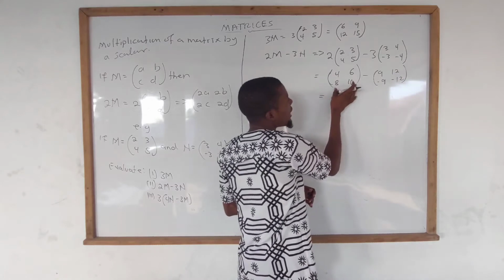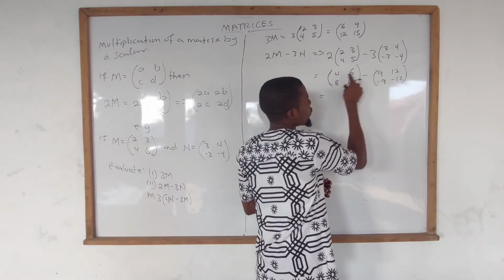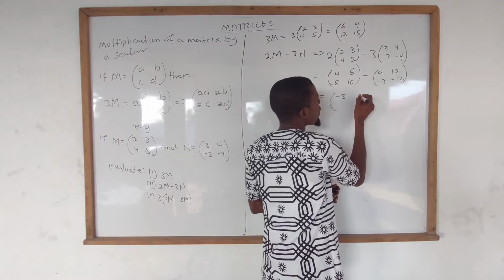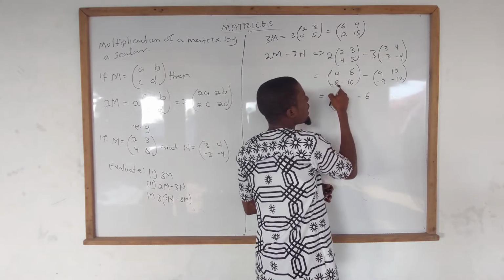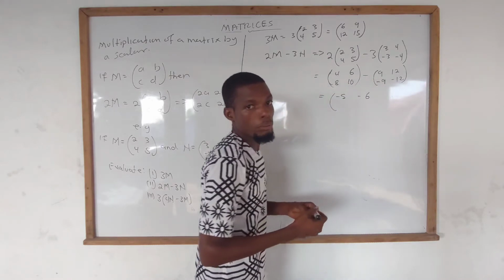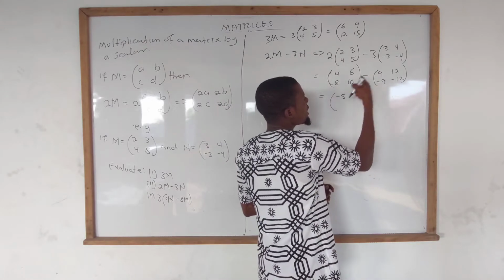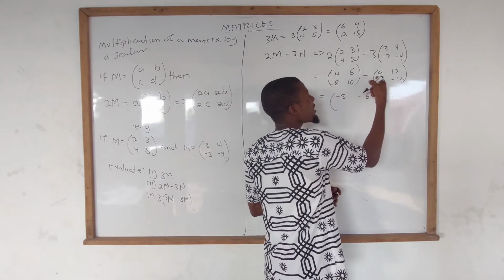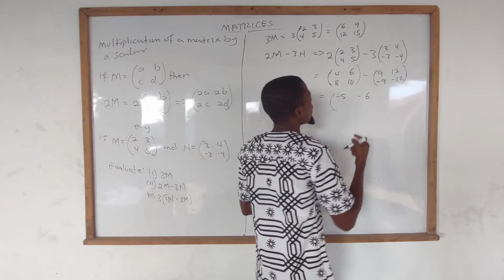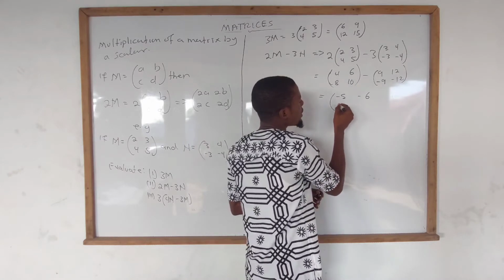At the end, I subtract these two matrices, first entry minus first entry. So 4 minus 9 gives me minus 5. 6 minus 12 gives me minus 6. Now 8 minus negative 9: remember, minus times minus gives positive, so it is the same as 8 plus 9, which gives me 17.